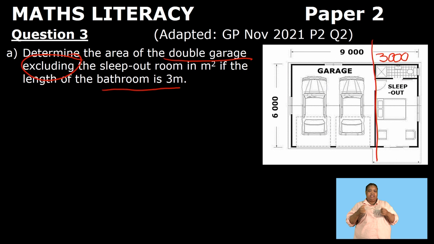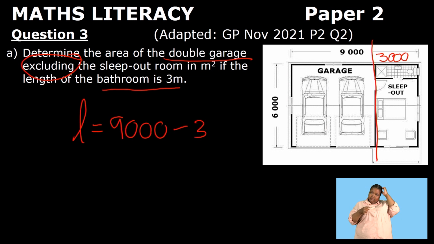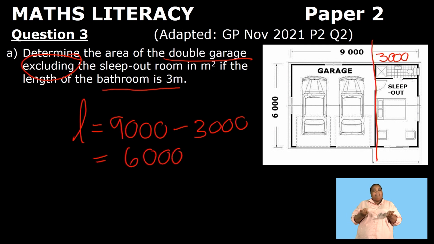So what you're going to do is, firstly, I'm going to calculate my length, which is 9,000 minus the 3,000, and that will be 6,000. But now they want us to write the answer in meters squared, so it's going to be 6 meters.